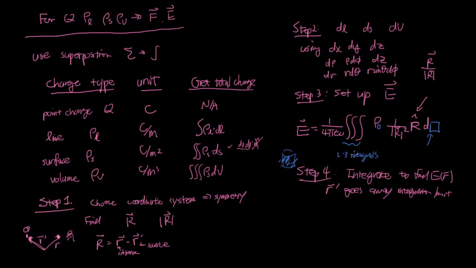So once you've integrated it, if you're adding up, say, all the charges along this cylinder, you're going to be putting in, you know, z goes from here to here, and phi goes from 0 to 2 pi, right? Those are all values that you put into r prime. So once you integrate and find the E field, the r prime should go away. Since they're all known quantities, you're substituting them with all the locations of your charges.